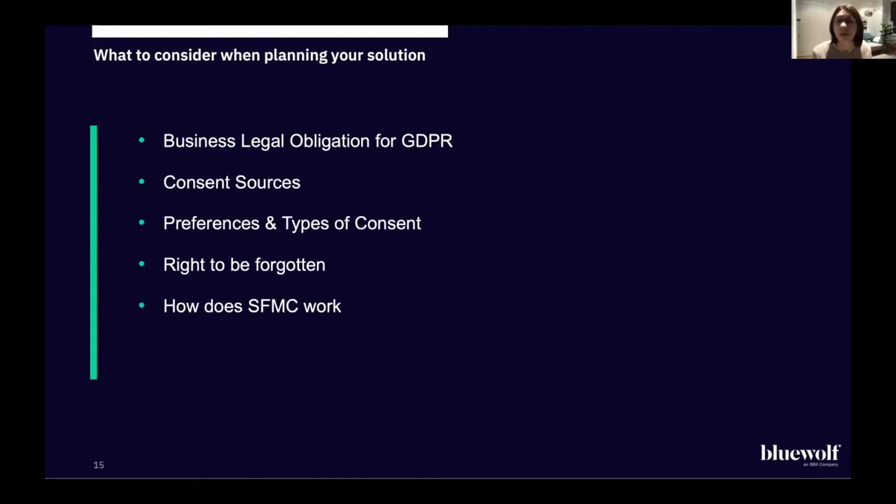Are they using different channels, push notification, SMS? Do they have a call center, and therefore a potential part on that as well? And then, as I said at the beginning, the business legal obligation for GDPR: you cannot make them up. You can make some assumptions, but you will want someone in the legal team to confirm that.